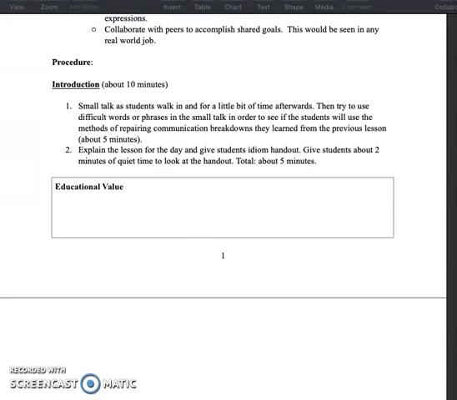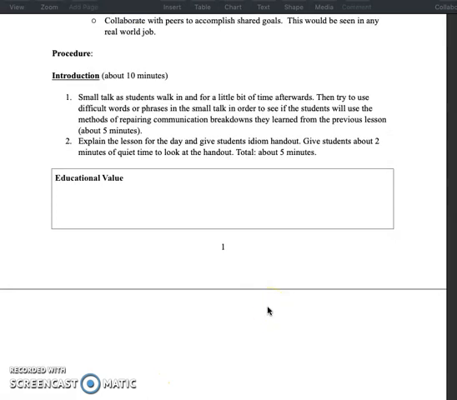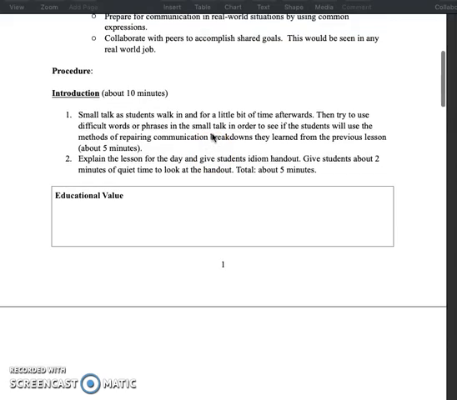And then as far as sequencing, first off, in the introduction, it states, then try to use difficult words or phrases in the small talk in order to see if students will use the methods of repairing communication breakdowns.